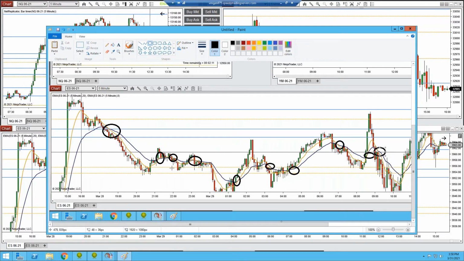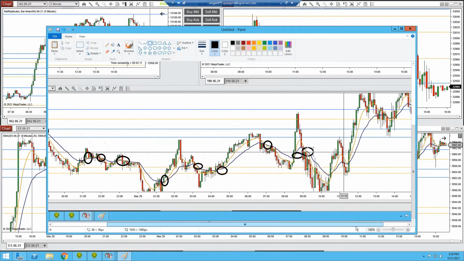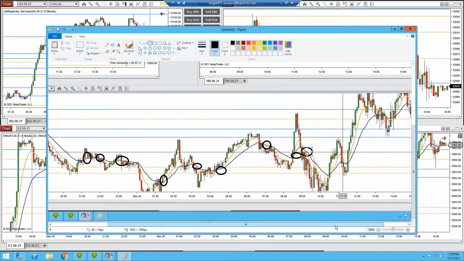And let's see, we'd have 1, maybe 2, maybe 3, 4, 5, maybe 6, maybe 7, 8. So a pretty good amount of trades that were possibly winners, depending on what kind of system you were using.